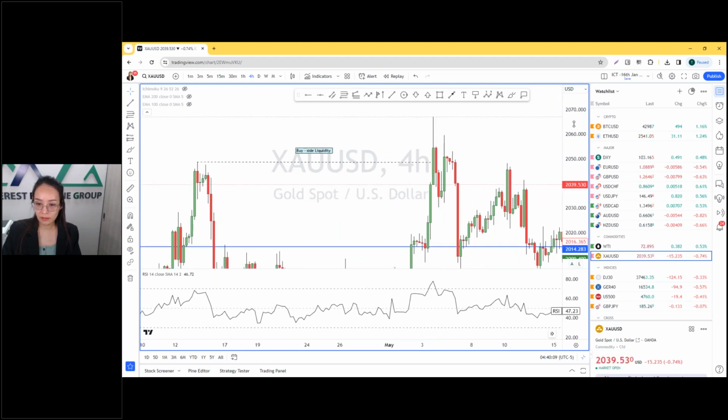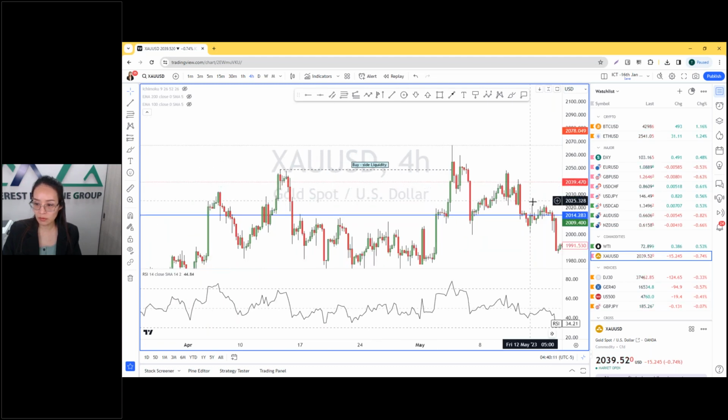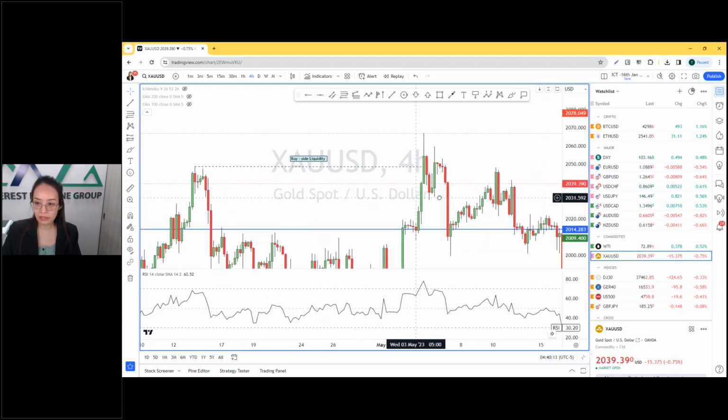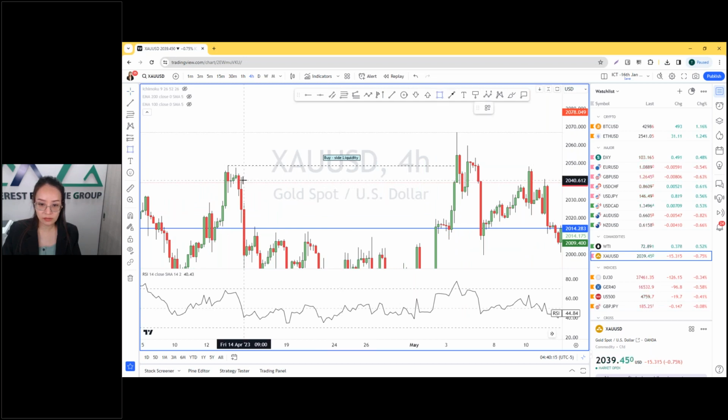Basically, say you sell, and some of you will say this is your order block. For example, you sell here, and then you just put your stop loss just above this wick.